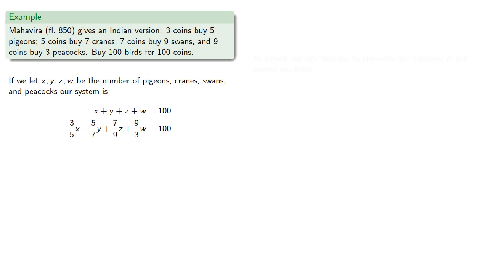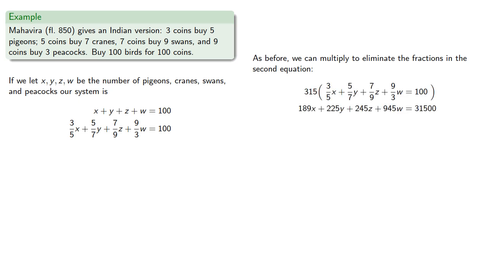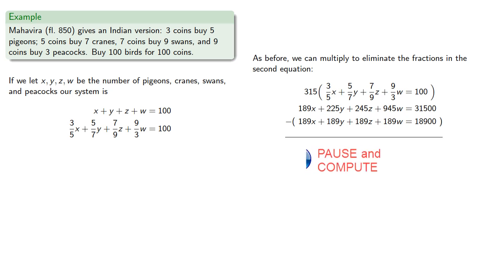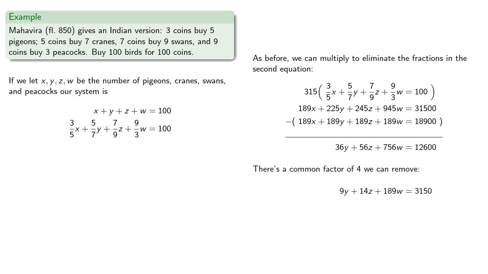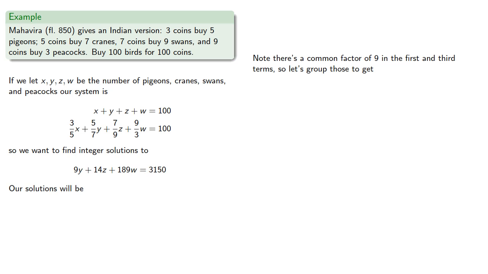So as before, we can eliminate the fractions in the second equation by multiplying through by a common denominator. And if we subtract 189 times the first equation, we'll eliminate x. And there's a common factor of 4 we can remove. So finding integer solutions to this means finding integer solutions to this equation. Note there's a common factor of 9 in the first and third terms, so let's group those to get.